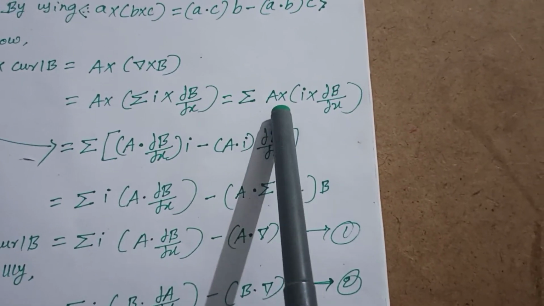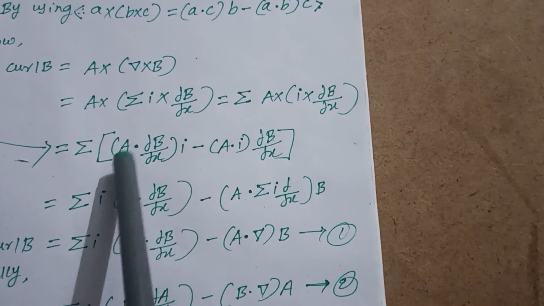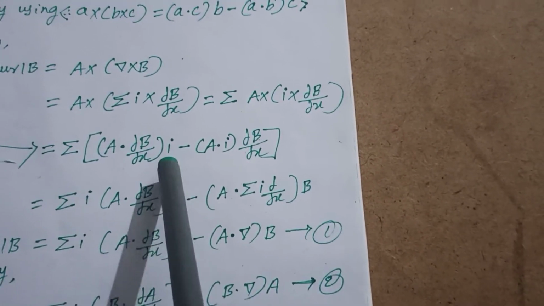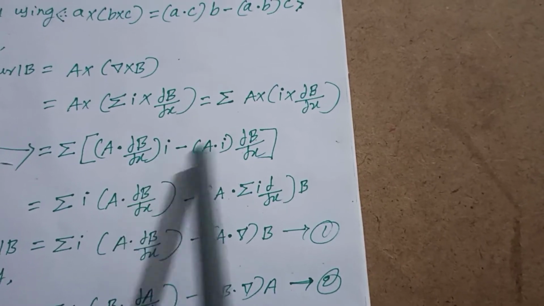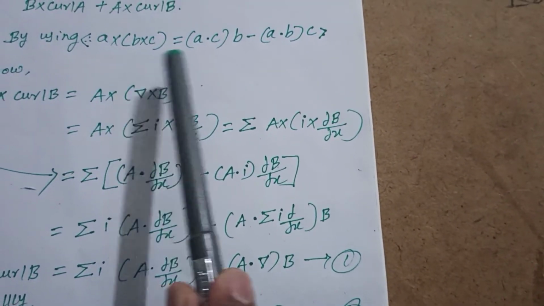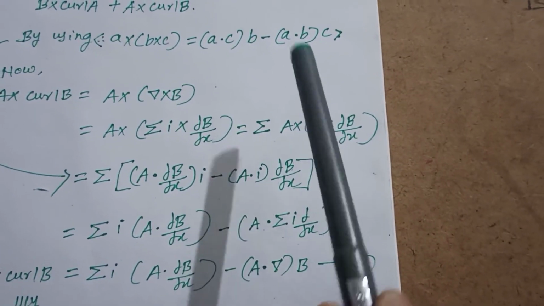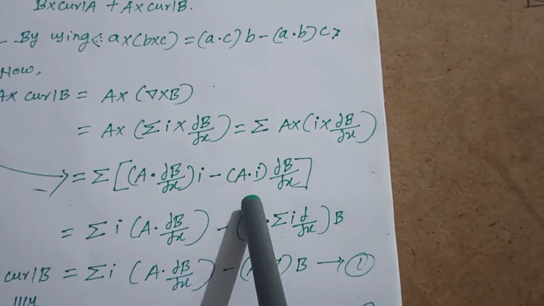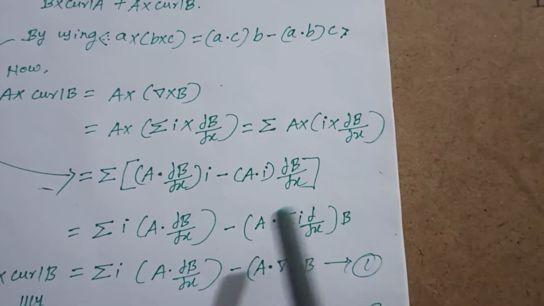See here A dot C, so C is dou B by dou x, no? So (A dot dou B by dou x) times i, in this form. Minus A dot B, A dot i, of C means dou B by dou x, okay?